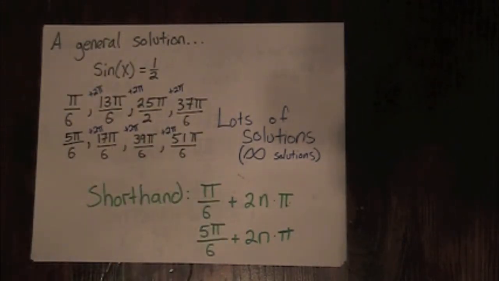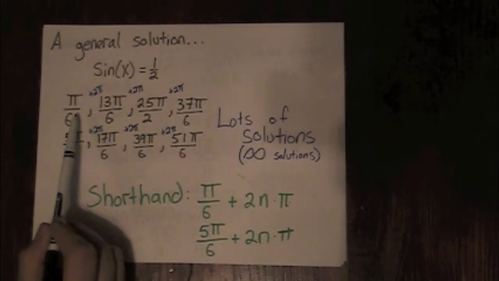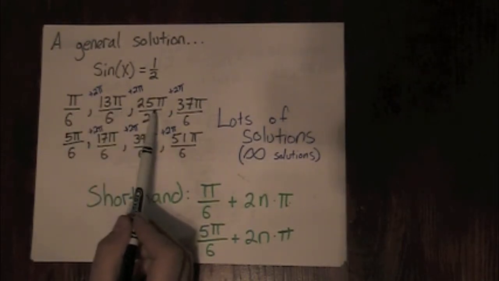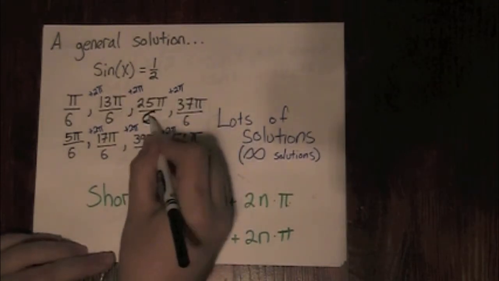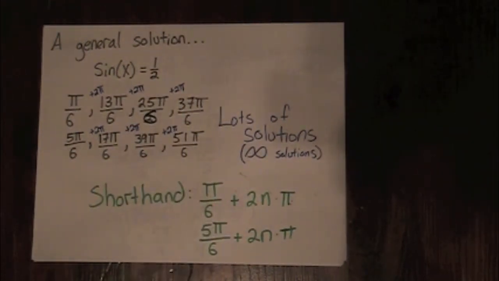Every 2 pi we have one more angle that's at the same place. So not just pi over 6, but 13 pi over 6 and 25 pi over 6. That should be a 6, I don't know why it's a 2. 37 pi over 6, adding 2 pi, 12 pi over 6 each time.